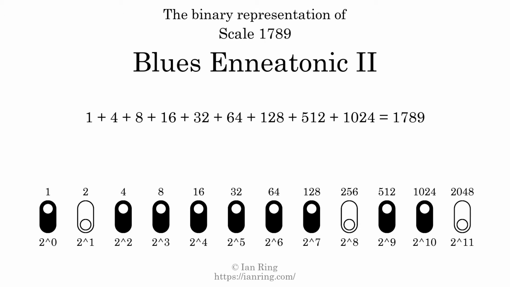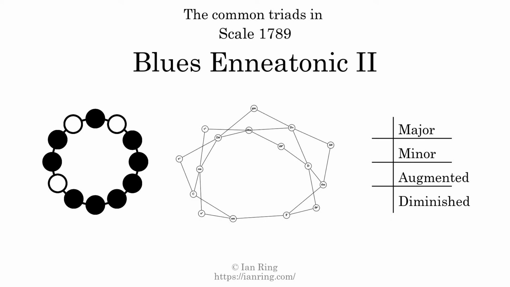That is why the scale number, in decimal, is 1789. The scale number not only enumerates the scale with a unique index, but it also literally describes the tonal content of the scale. Represented as a binary number in base 2, the scale number is 0-1-1-0-1-1-1-1-1-1-0-1.